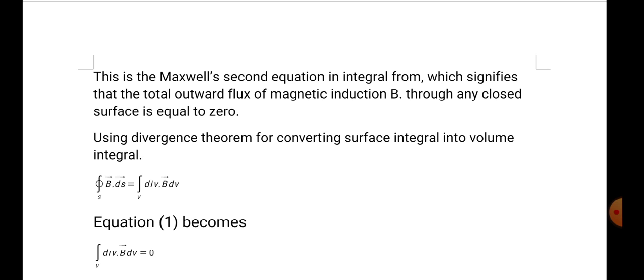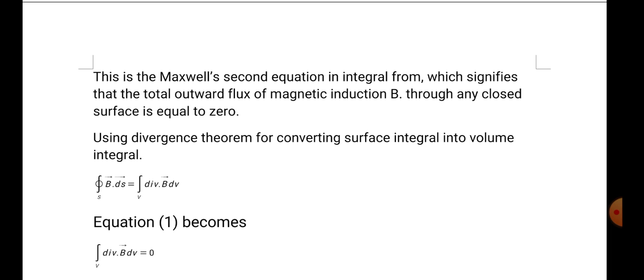From equation 1, the closed surface integration of B bar dot ds bar is equal to 0. So by using the divergence theorem, the volume integration of divergence of B dv is equal to 0. Mathematically, the volume integration of del dot B bar dv is equal to 0.